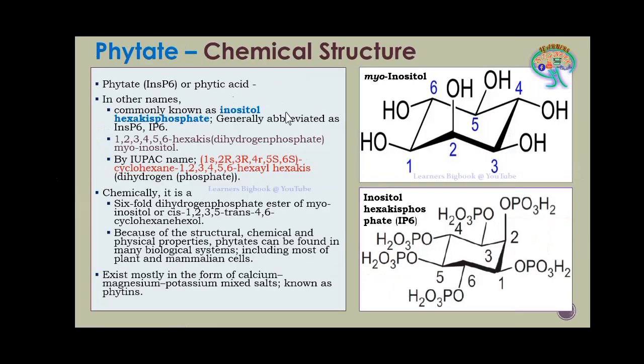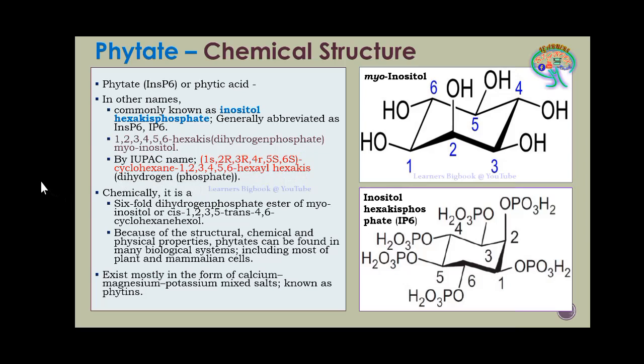In the next slide, we are going to discuss the phytate. It is the phytate, also called phytic acid, and other names are inositol hexakisphosphate, generally abbreviated as InsP6 or IP6. Another name is 1,2,3,4,5,6-hexakis dihydrogen phosphate myo-inositol, and the IUPAC name is cyclohexane-1,2,3,4,5,6-hexyl hexakis dihydrogen phosphate.